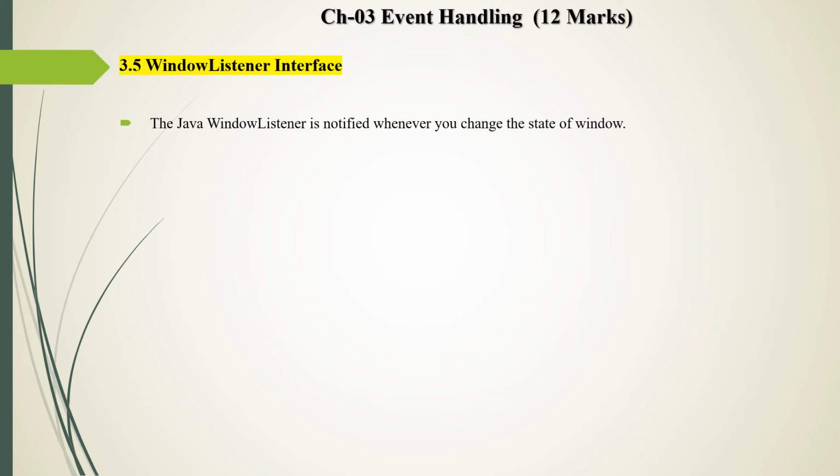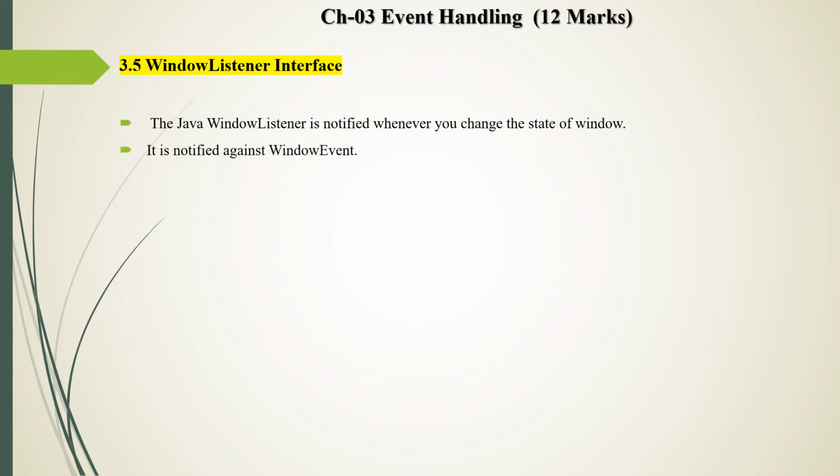A simple window means our frame. We can perform various operations with a frame, like frame open, frame activated, frame iconified, frame de-iconified. When you minimize the frame, that time it is deactivated. So various operations related to the frame, those operations we study in this WindowListener. So WindowListener is notified when the state of a window is changed.